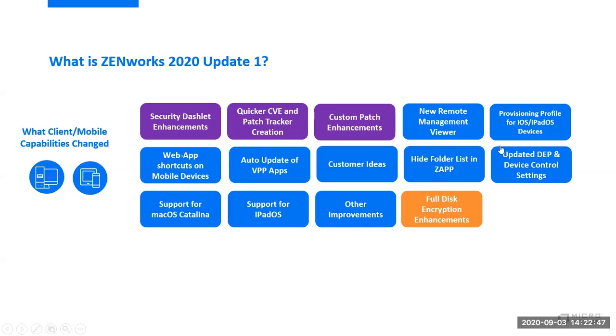On the right and top, provisioning profiles for iOS and iPadOS. Apple used to have iOS as the operating system for phones and for their iPads. Nowadays, they have a specialized version of iOS that is specifically targeted to iPads. ZENworks supports iPadOS. However, initially we will not separate these.